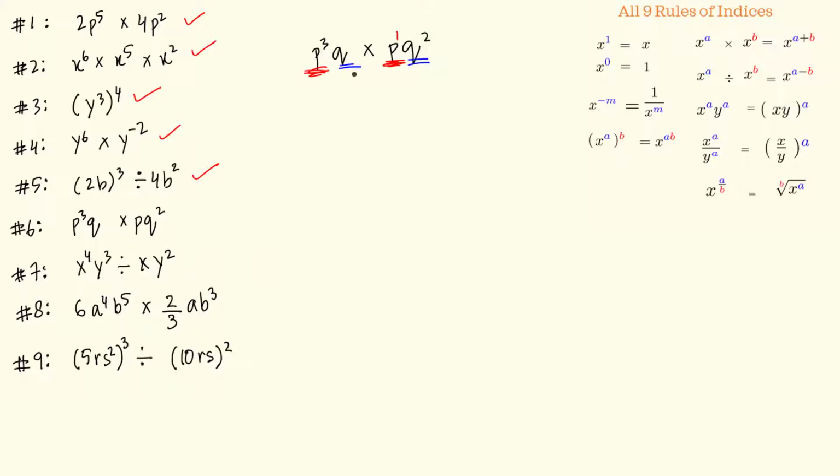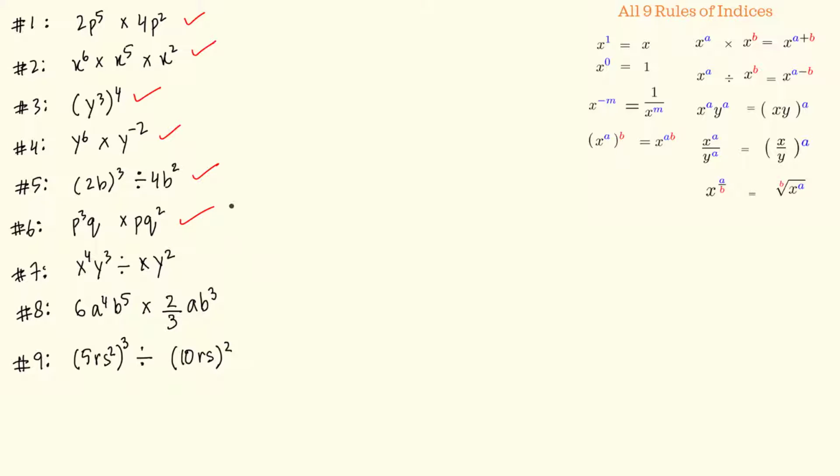So when I multiply these two p's, I will get p to the 3 plus 1. And when I multiply these two q's, this q has no power, means it has the power of 1. So after multiplication, this becomes q to the 1 plus 2. 3 plus 1 is 4, so this becomes p to the 4, and 1 plus 2 is 3, so this is q to the 3. This is my answer of question number 6.